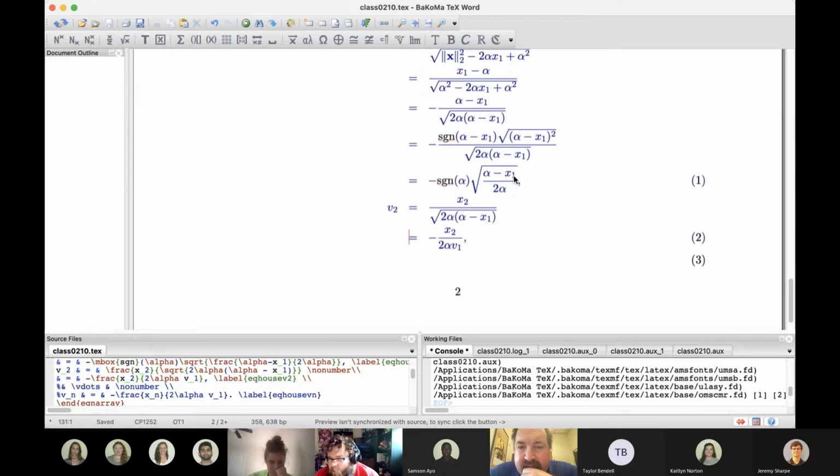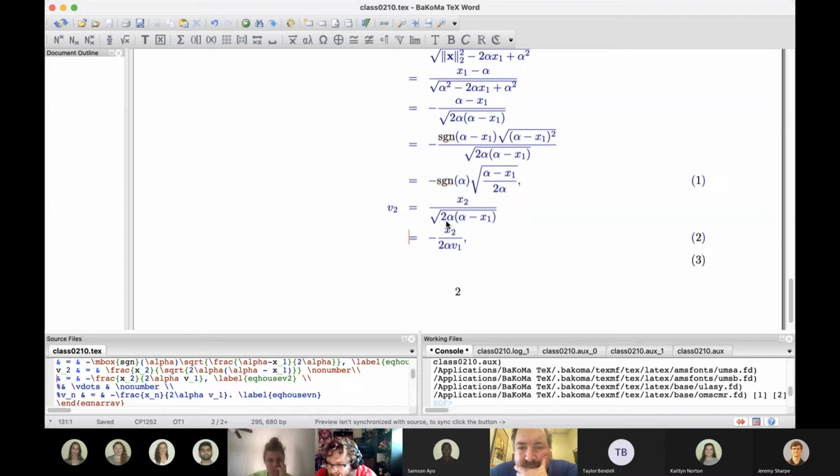But using the expression we already have for V1, we can simplify a little bit further because notice in our final expression for V1, we have the square root of 2 alpha in the denominator in both cases.